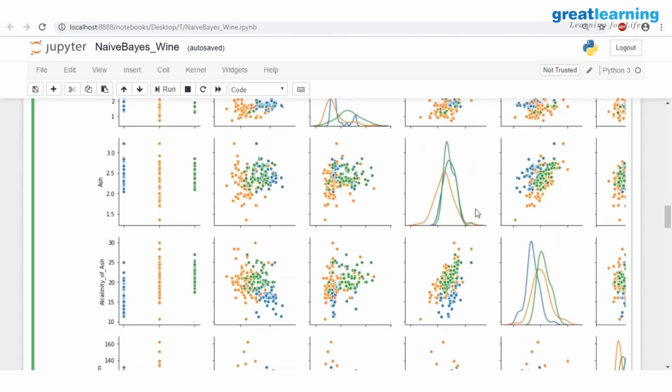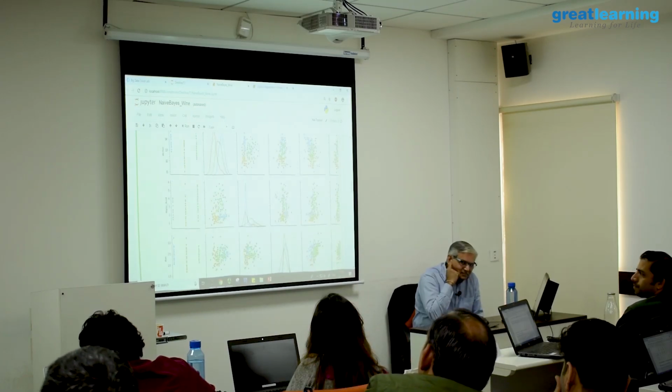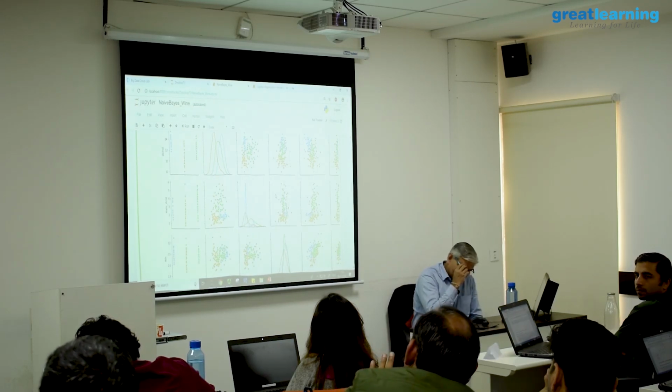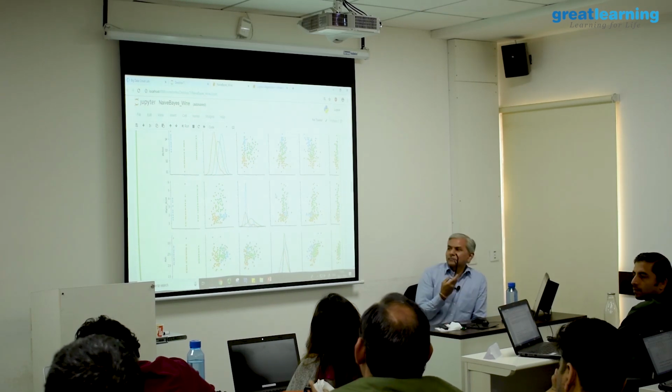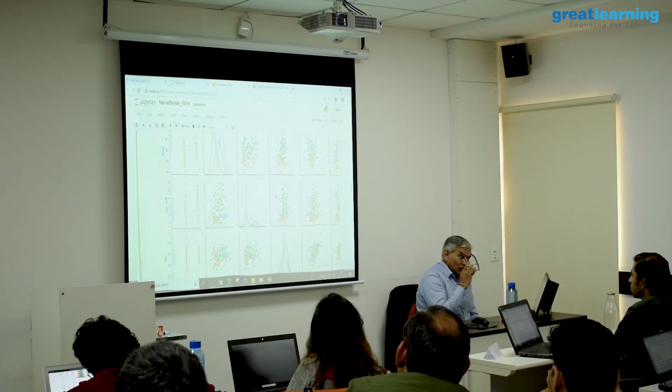This dimension is your ash. It's relatively the most useless dimension in this set. Malic acid, you have the outlier. Suppose if you take the outlier, so you have very less spread. It means that it's a very good predictor for the blue, this data.